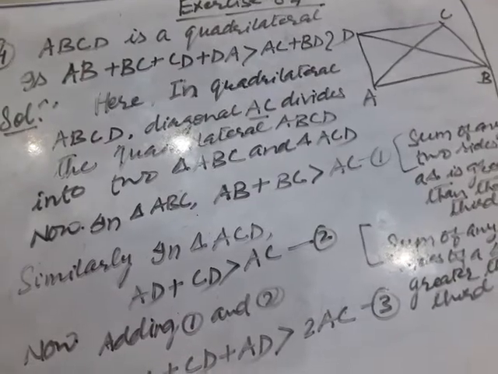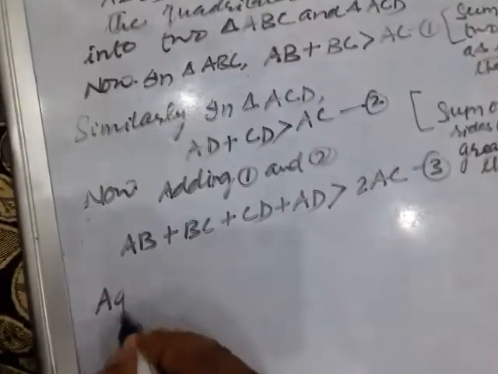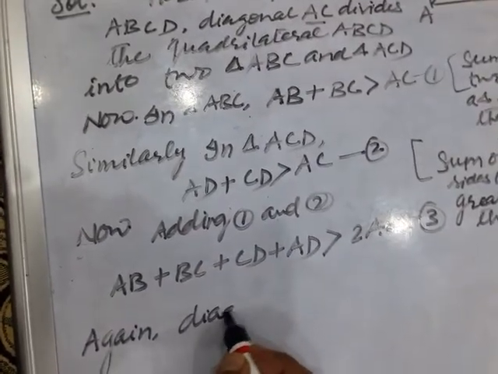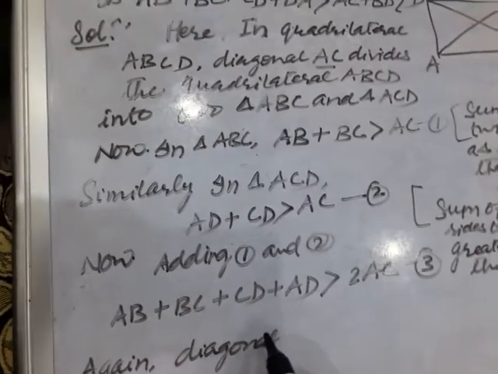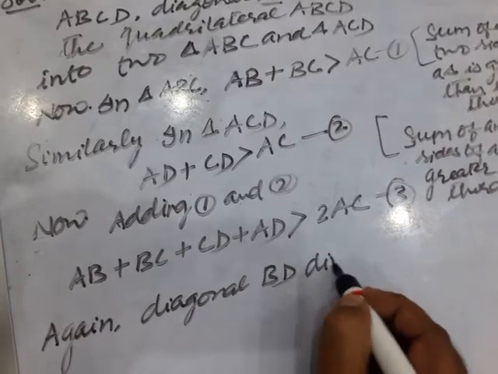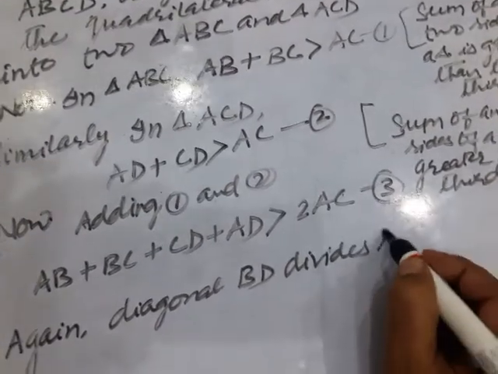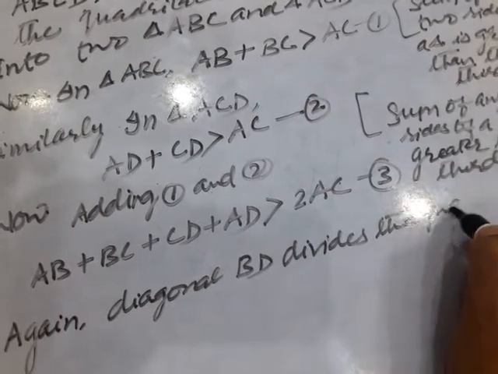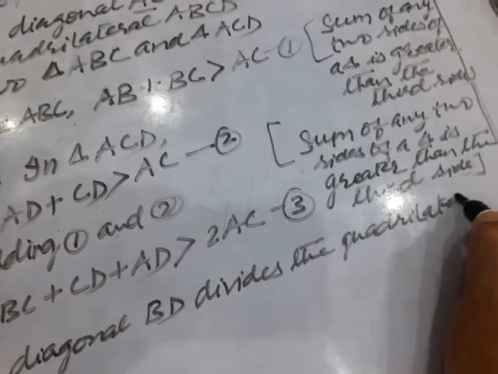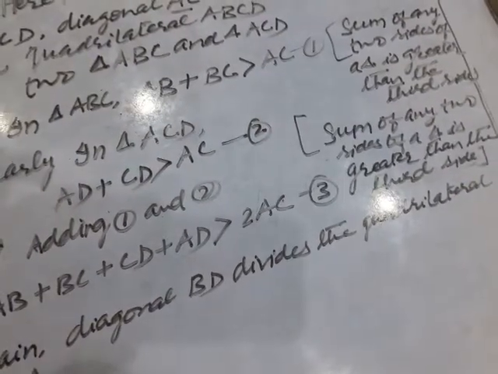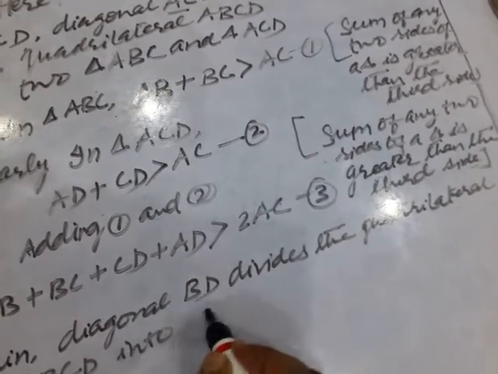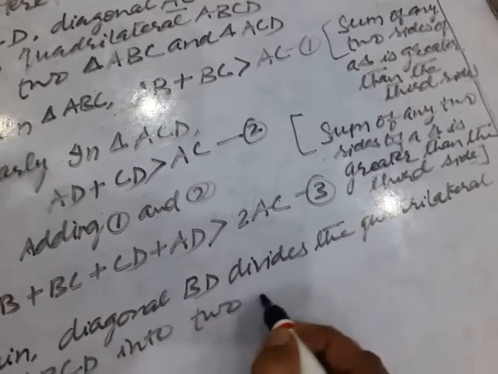Again, you have to see diagonal BD. Again diagonal BD divides the quadrilateral ABCD into two triangles.